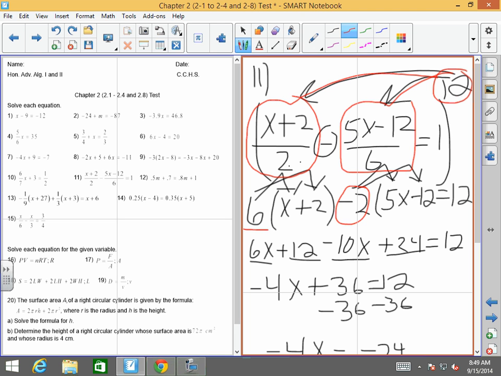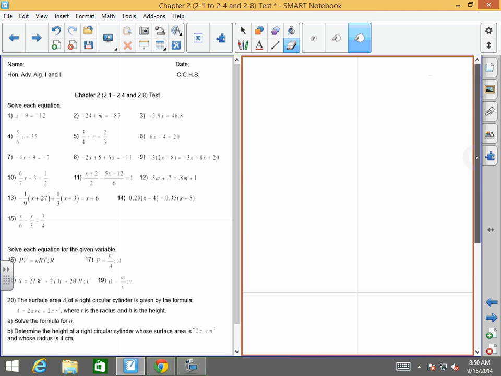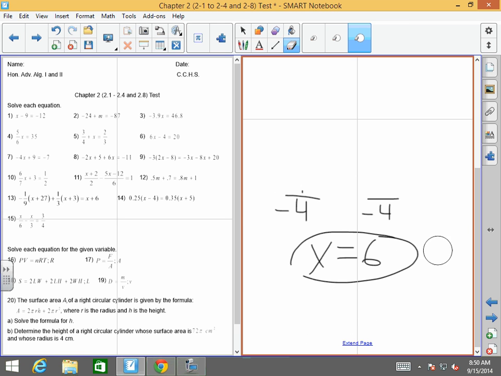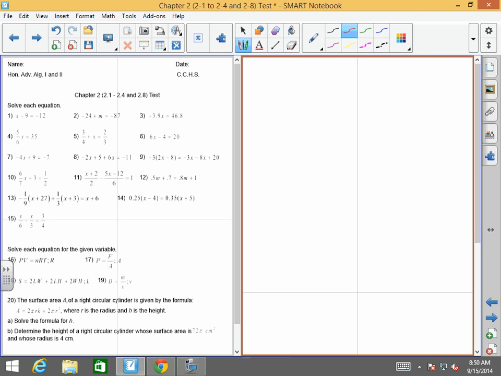There's my negative 2. Why is there a negative? Because that negative is right there. I'm going on high speed right now, but it would have been easier with a 6.